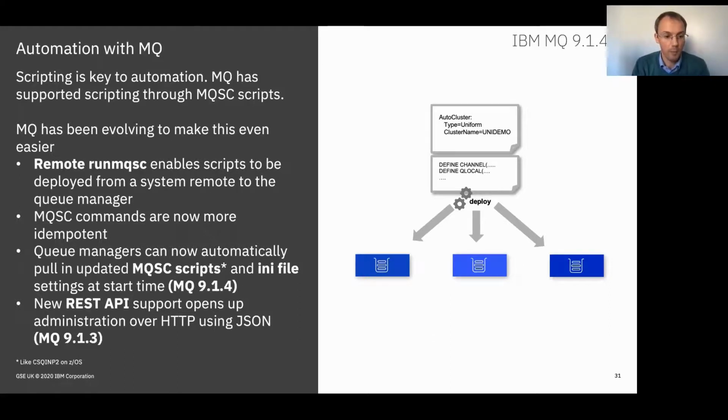And finally, we've built a REST API over a number of years now to allow you to define your object definitions remotely over a RESTful interface rather than needing to use the standard MQSC facilities from MQ clients.